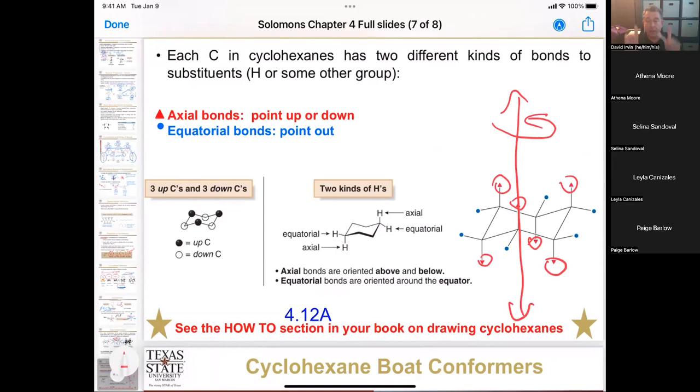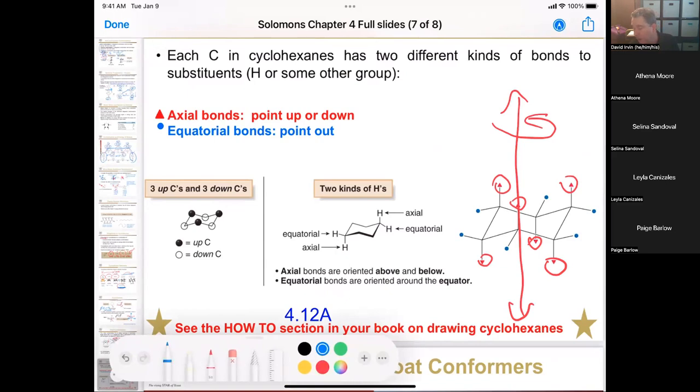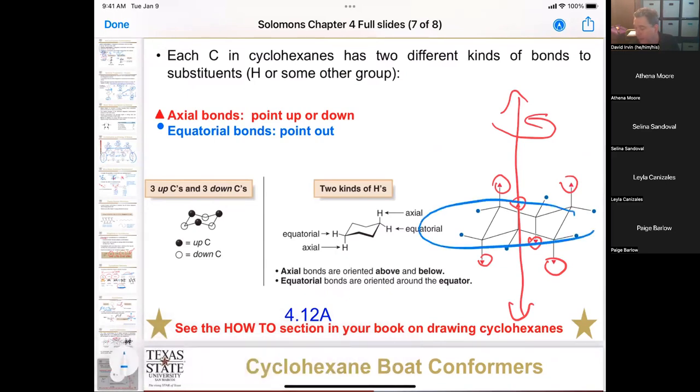See how they're all pointing straight up and straight down. Okay, now the other hydrogens are around the equator, pointing outward around the equator. So we call those equatorial hydrogens. Okay, so axials are up or down, equatorials are facing out.